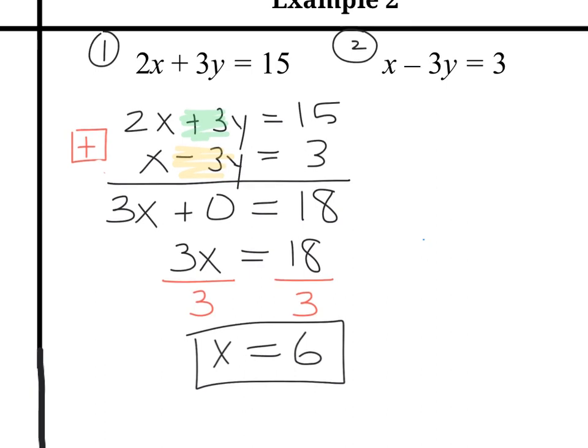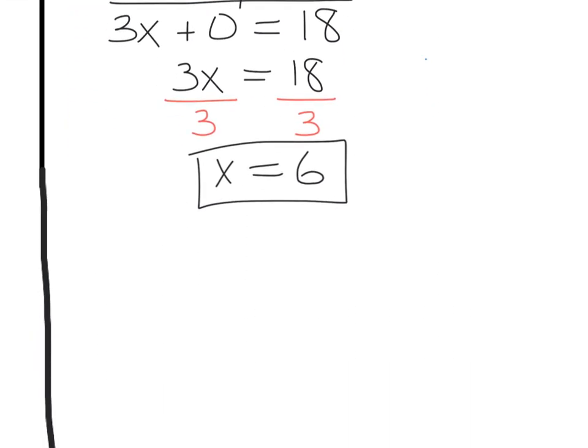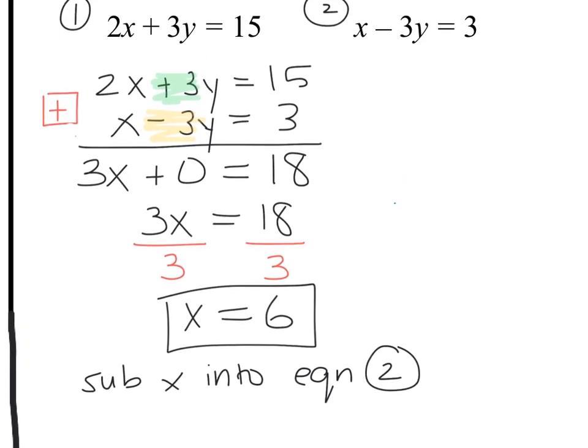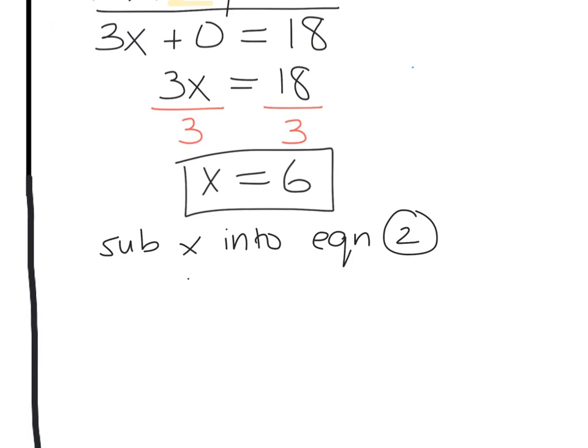So just to be different, I'm going to choose this time to substitute x into equation number 2. So what is equation number 2? Equation number 2 is x minus 3y equals 3. So in the place of x, I'm going to put in my answer of 6.